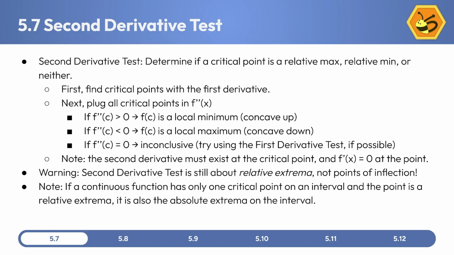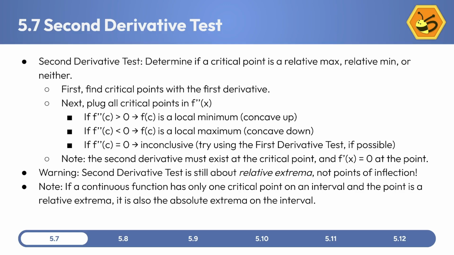So next one, we have the second derivative test. With the second derivative test, it is also used to determine if a critical point is a relative max or min, or neither. Anyways, the first step is to find our critical points.